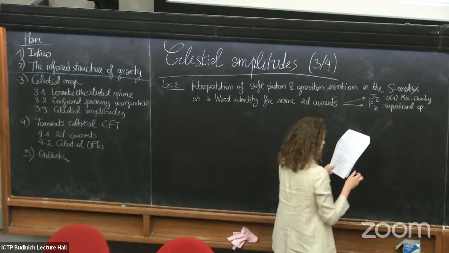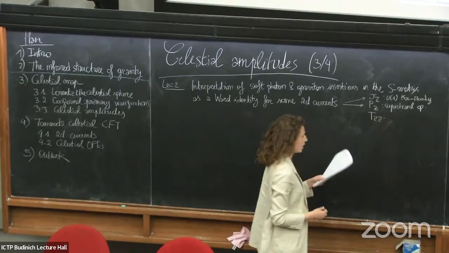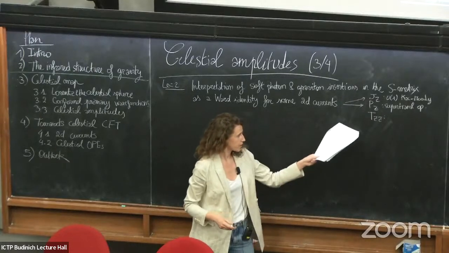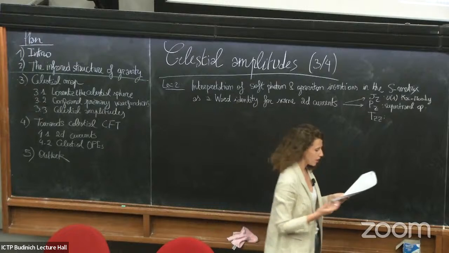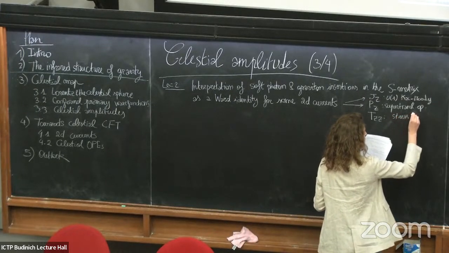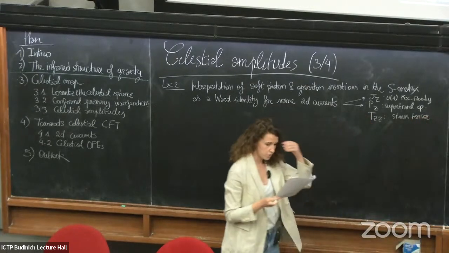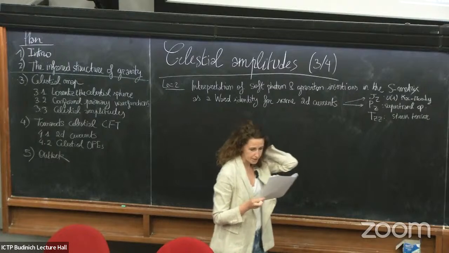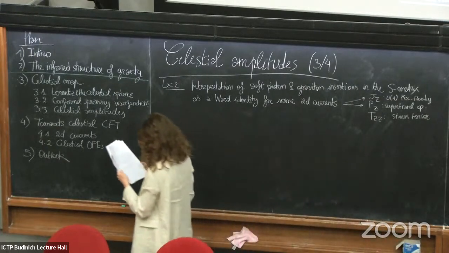This guy gives you the leading soft graviton theorem. And I mentioned, and we will come to a concrete construction for this object, that there is an object which plays the role of the stress tensor, very much like we are used to in usual 2D conformal field theories. So that was the main message of yesterday.